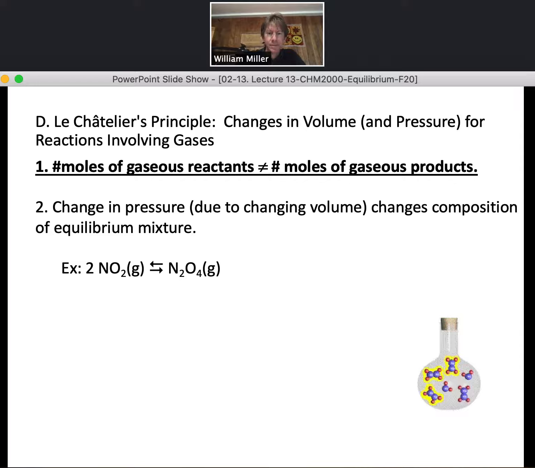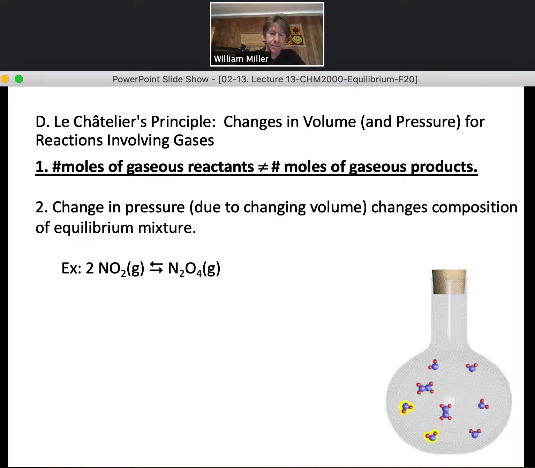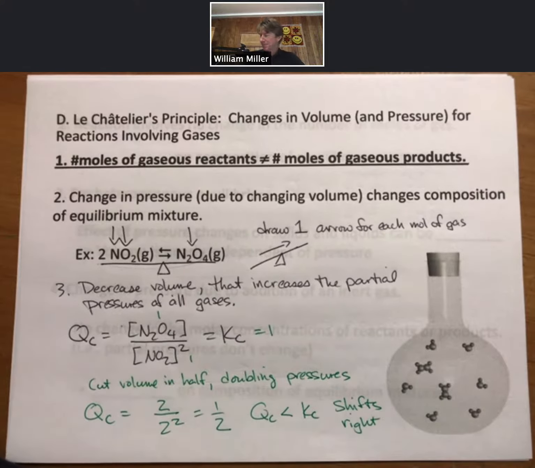In this way, the system compensates for the decrease in volume by a decrease in gas pressure. Nitrogen dioxide for every 1 of dinitrogen tetroxide, and the system is at equilibrium. So good, it's almost worth watching again.